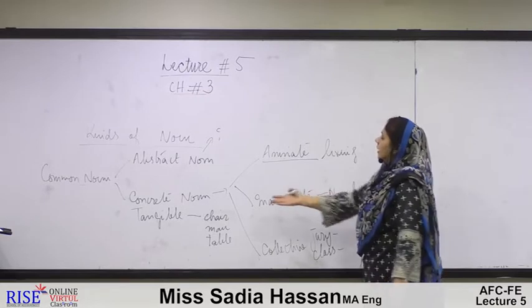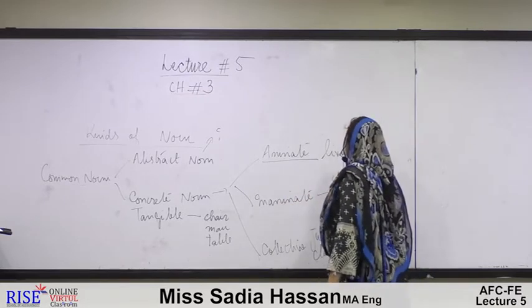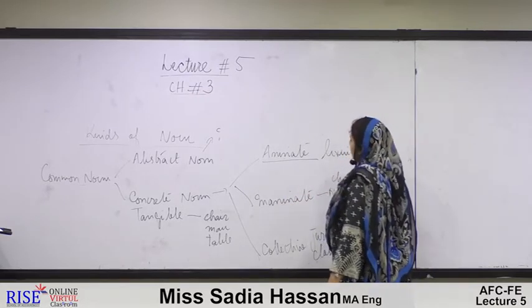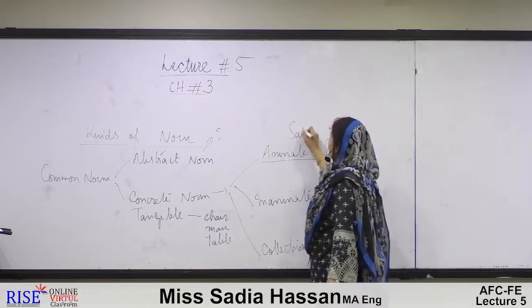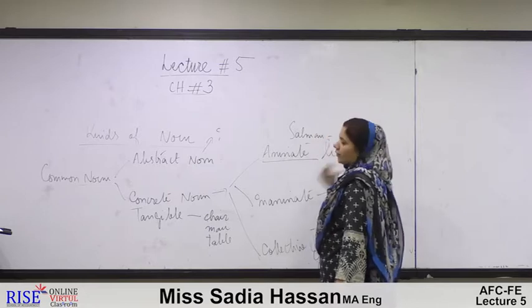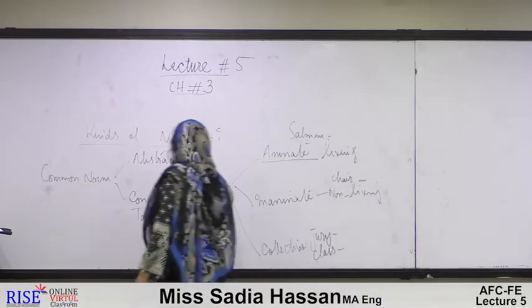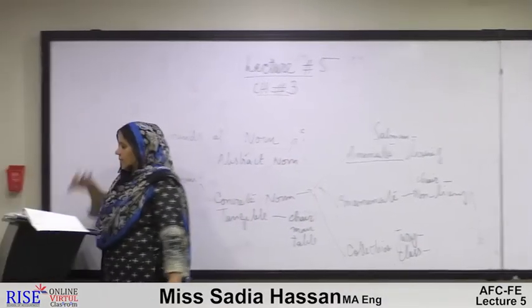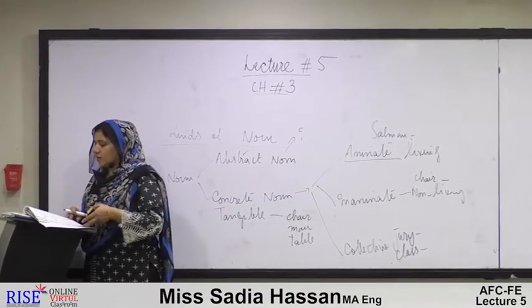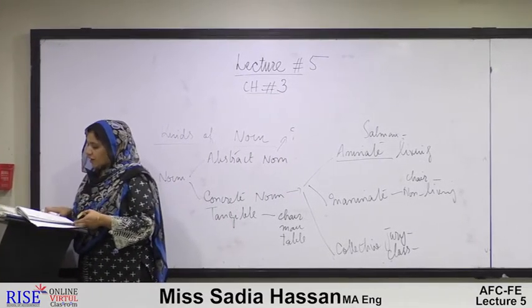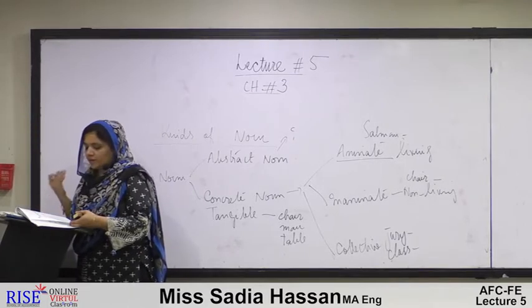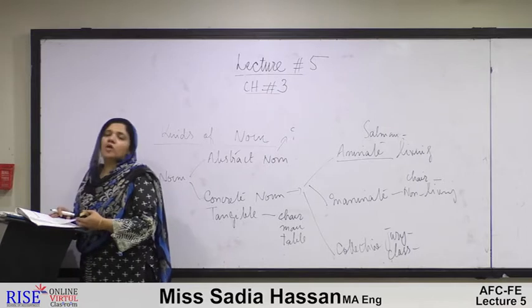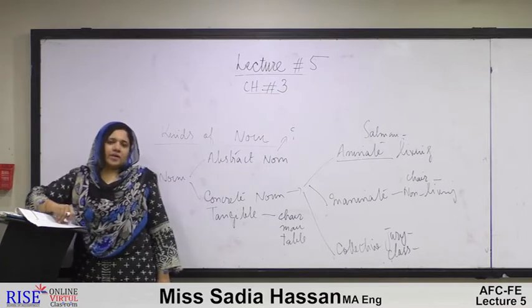Inanimate includes, as we have already discussed, chair as an inanimate noun. And animate nouns include Salman, Farhan, Zishan, whatever you call it. They are called animate nouns. Fine. Besides this, we have discussed some other types of nouns. They are called mass nouns, and they include countable nouns and uncountable nouns.